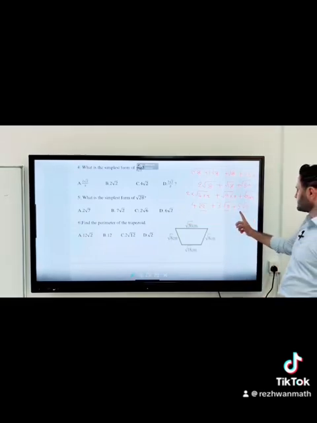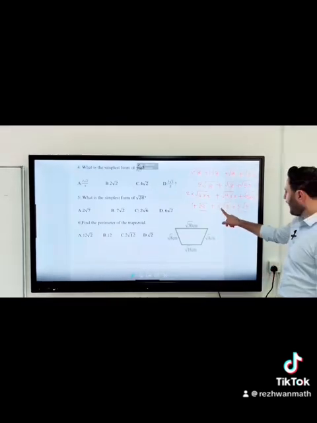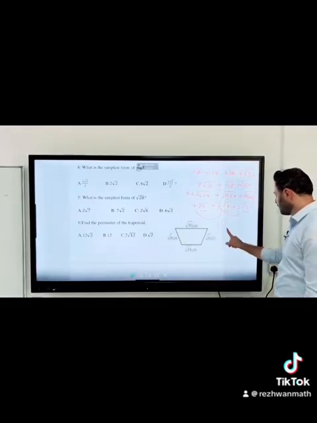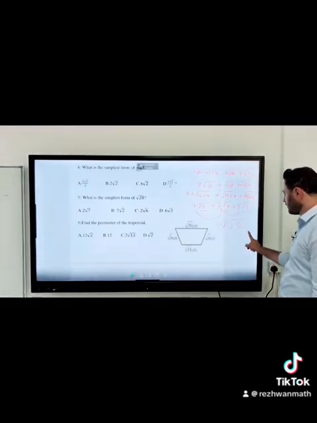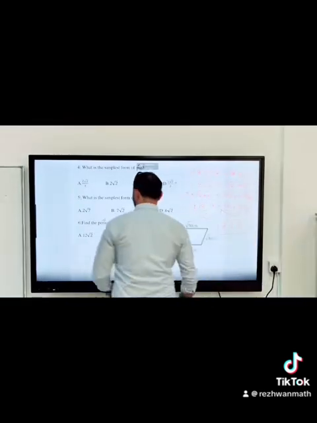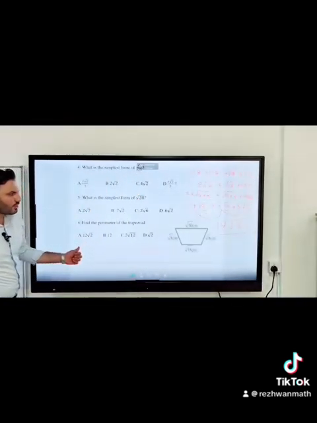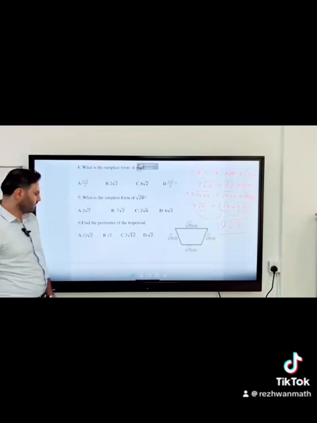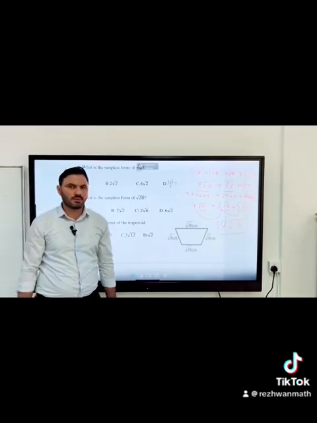So 5 plus 3 we get 8. And 8 plus 4 we get 12. So 12 square root 2. Now the correct answer is A, 12 square root 2.